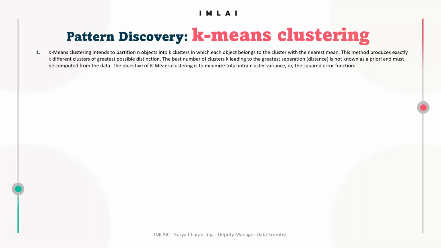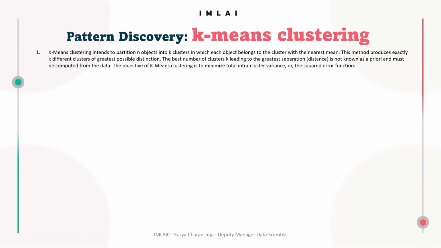This method produces exactly k different clusters of greatest possible distinction. The best number of clusters k, leading to the greatest separation, that is basically a distance, is not known a priori and must be computed from the data.